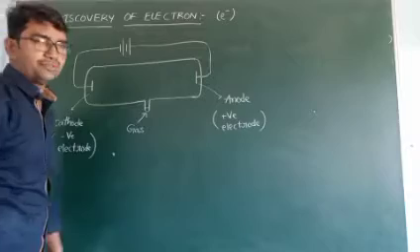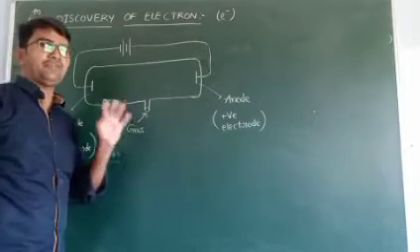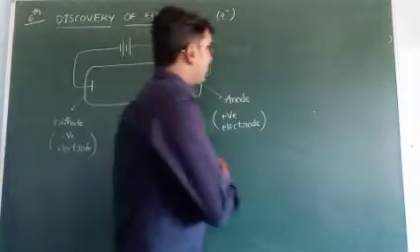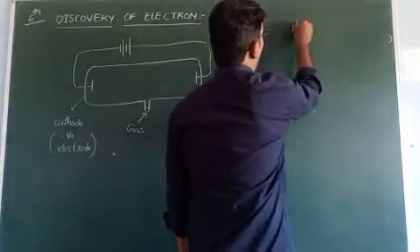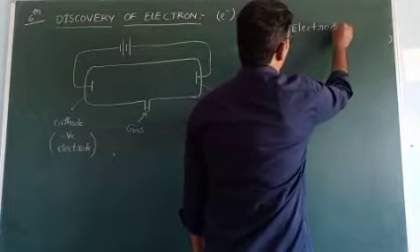Okay, now negative and positive. But most of the students get confused about cation, anion and cathode, anode. Cathode and anode, these two are called electrodes.